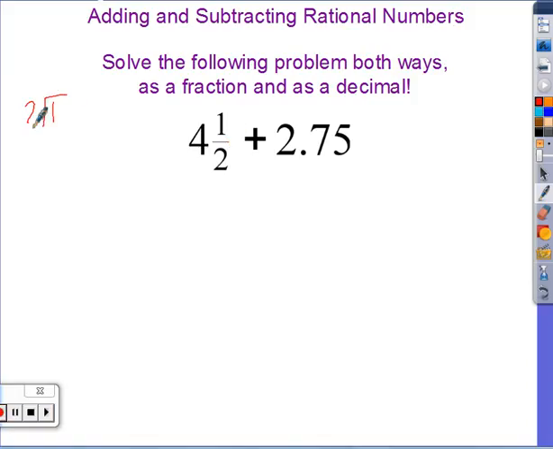So top in, bottom out, add a decimal and a 0, and go in 5 times. So I know that this is also 4 5/10. So here I have 4 5/10 plus 2 75/100. So when I'm adding decimals, I know I have to stack my numbers and line up my decimal places. Go ahead and add.